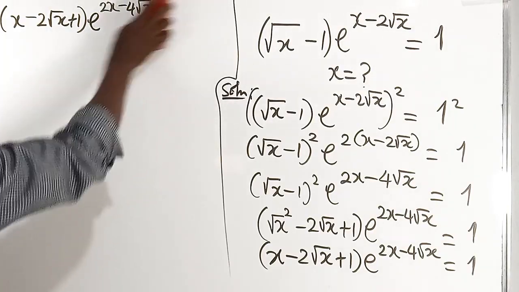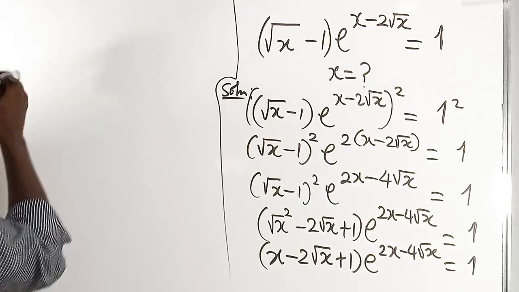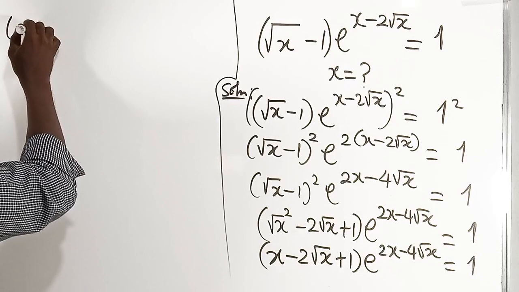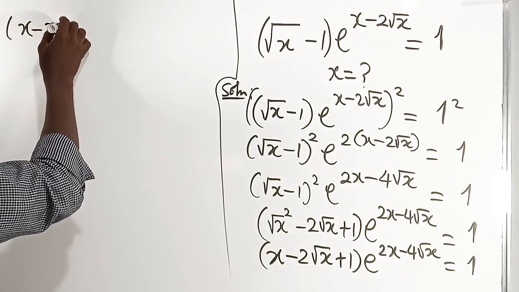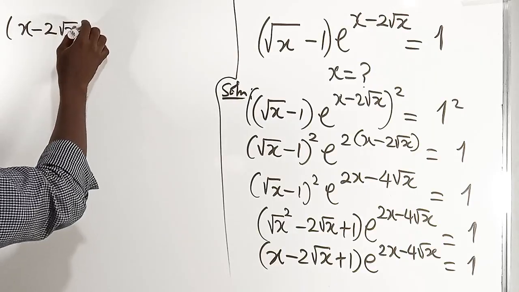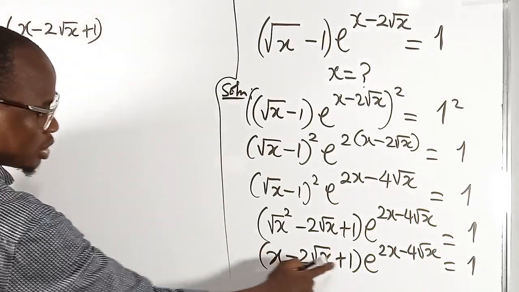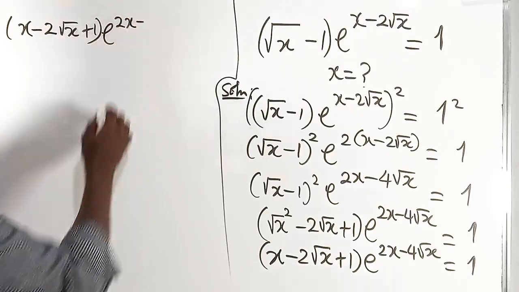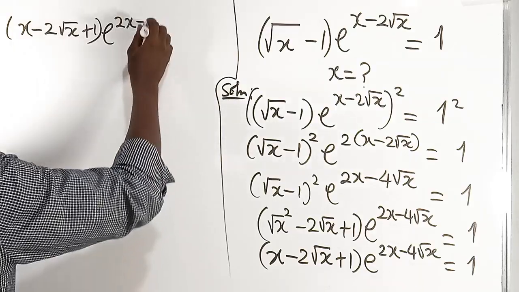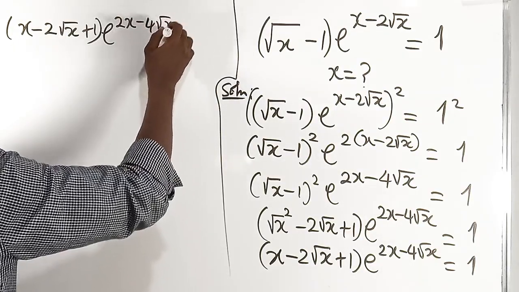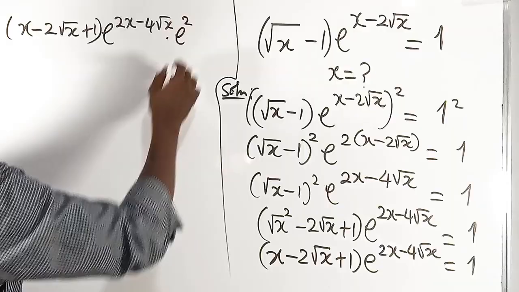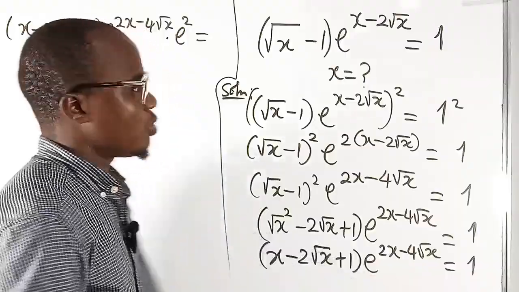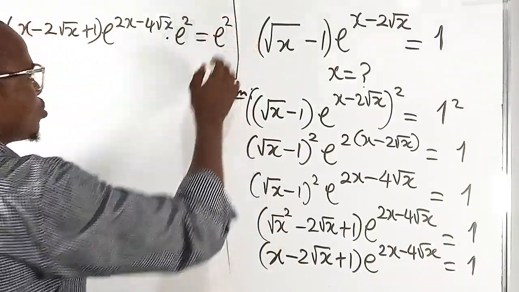Let me bring it down small. So we're going to have x minus 2 root x plus 1, then e to the power of 2x minus 4 root x, then multiplied by e to the power of 2, which equals, when you multiply e to the power of 2 by 1, it's still e to the power of 2.